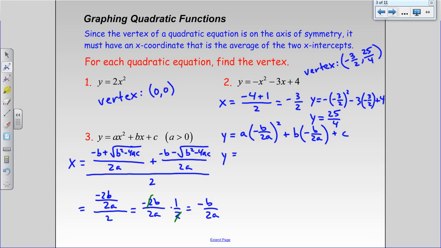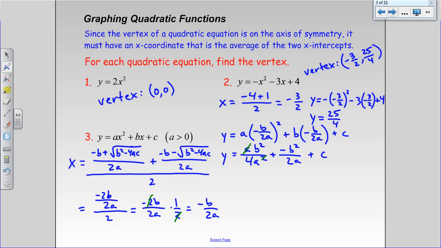Simplifying a bit, we have y equals a times b squared over 4a squared plus negative b squared over 2a plus c. That first term can be simplified a little bit further by removing a factor of a from the numerator and the denominator.